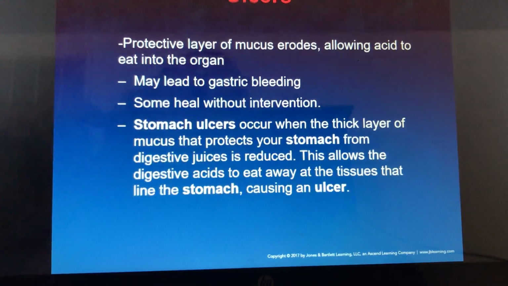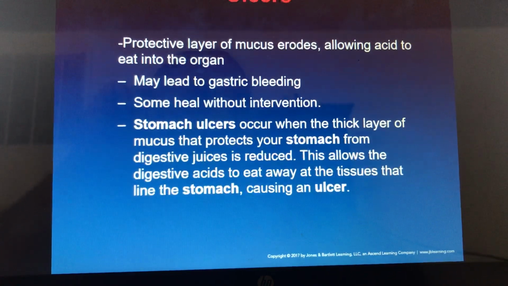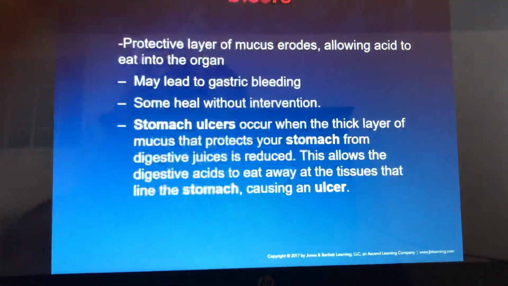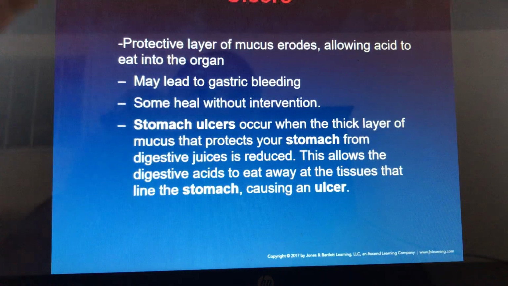So you can get ulcerations or penetrations in the rugae, just like you can have gastritis. You can have ulcerations, and all that means is there's a break in the actual rugae that protects the stomach from the acid. That rugae has that protective layer, which protects the rest of the stomach, and the musculature around the stomach that helps digestion, from the acid.